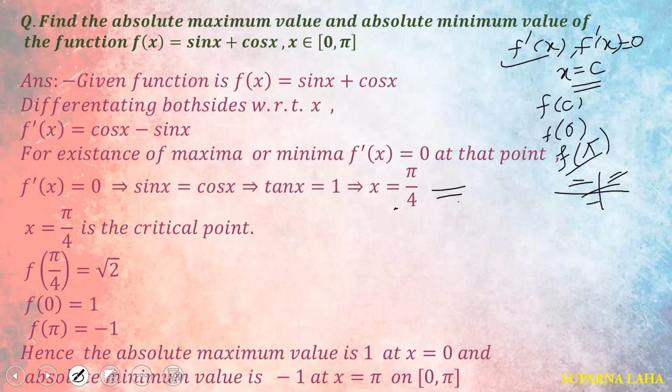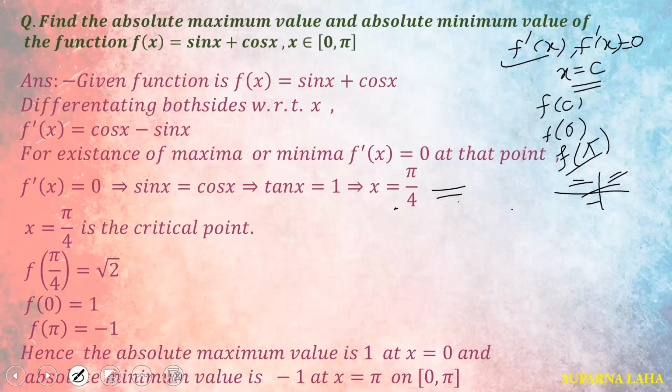So this is the way to find the absolute maximum and absolute minimum value, or you can say the maximum or minimum value for a function defined in a closed interval. For both cases, you need to find the absolute maximum and absolute minimum value.